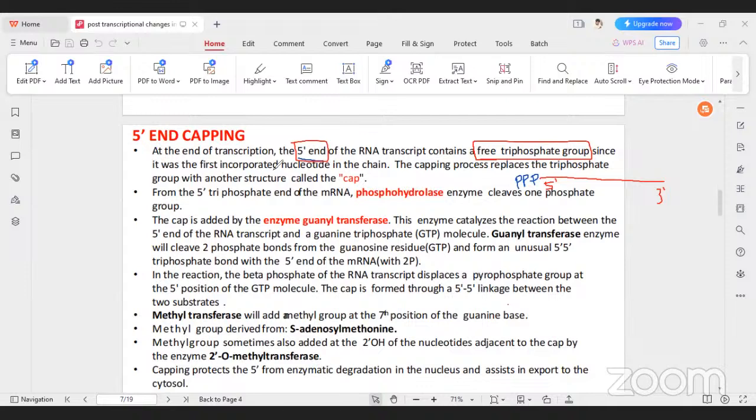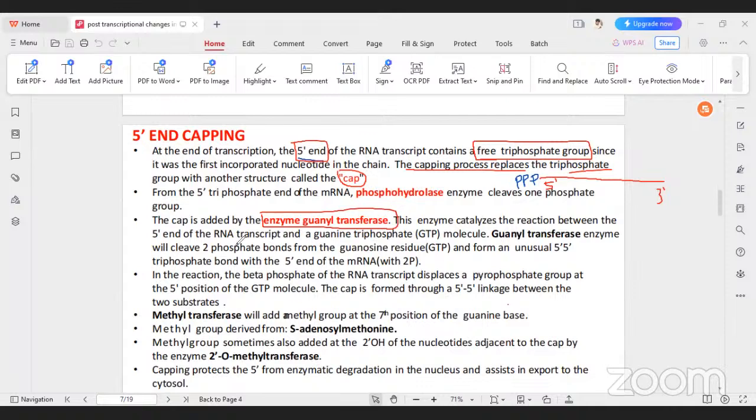Since it is the first incorporated nucleotide in the chain, the capping process replaces the triphosphate group with another structure called the cap. The cap is added by the enzyme guanylyl transferase.